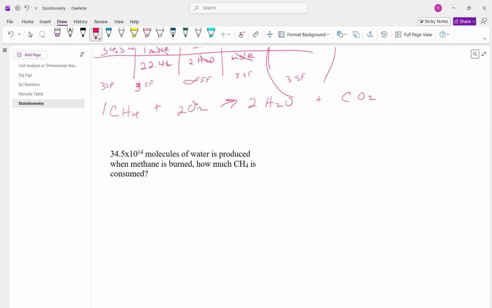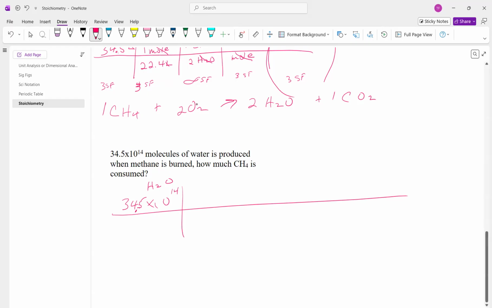Okay, so it's balanced. All right, we're starting with number of molecules, so 34.5. Now we're counting molecules. How many? That's Avogadro's number.